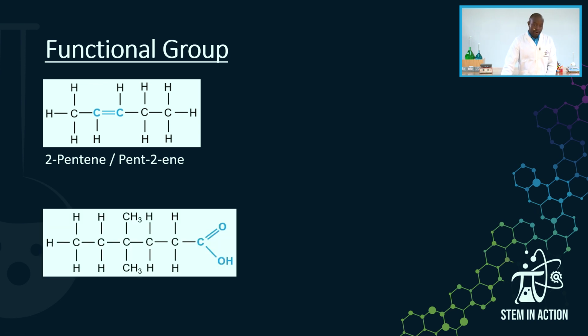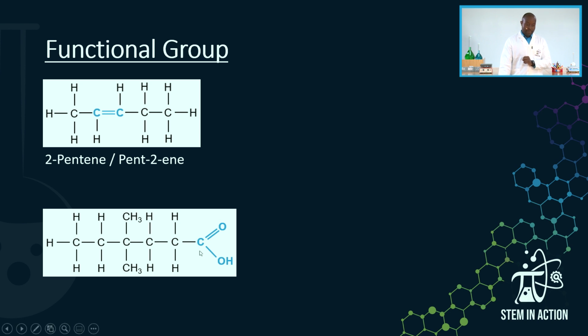The second compound, our functional group is indicated in blue again, which is that part, and it is the group COOH, and it is the functional group for carboxylic acids. When you are naming carboxylic acids, the carbon that is part of that functional group is always our carbon number 1.